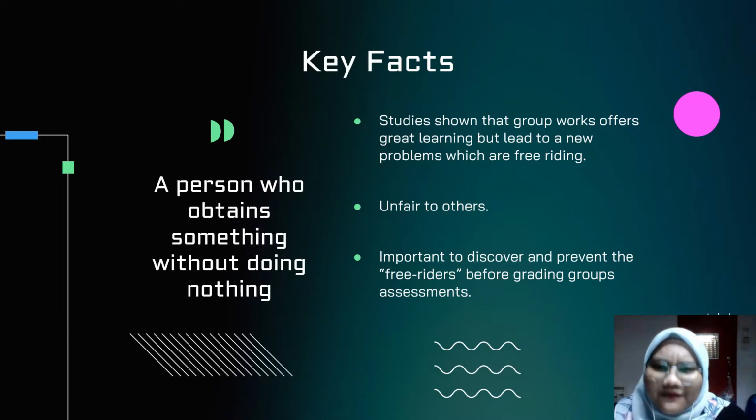It will be unfair to them. Academic grades are very important to every student's achievement, so it is very critical to evaluate them separately even in the group assessment. Therefore, it is very important to discover and prevent the free riders before grading group assessment.